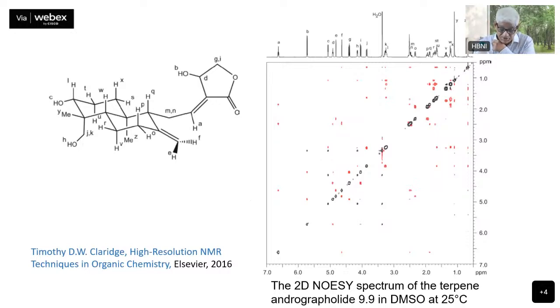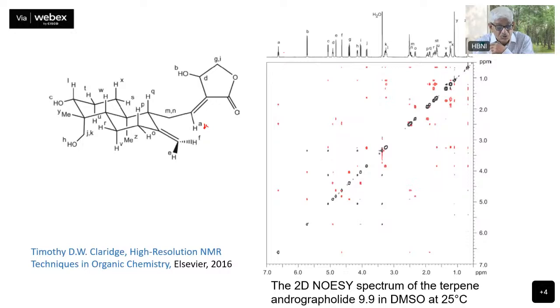You can see from here, you take this extreme one. From A, you are seeing the cross peak. Where is A? Here, in the molecule. Now this A is showing a cross peak to E, which is here.